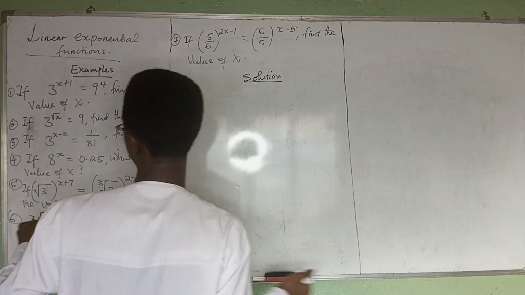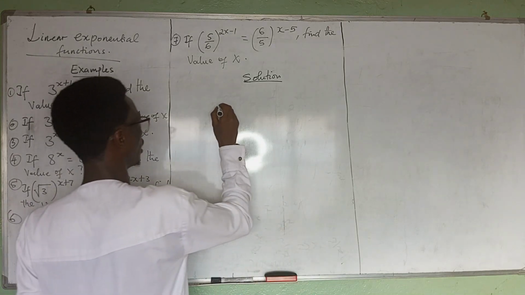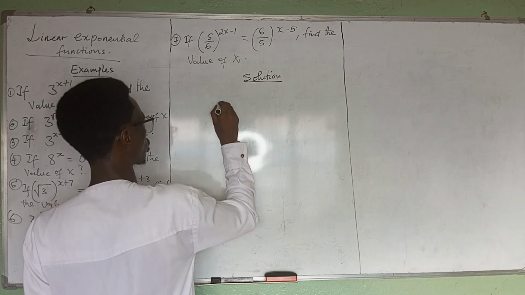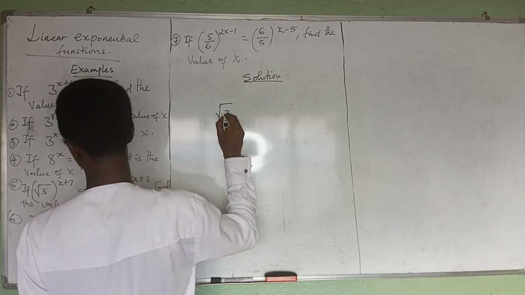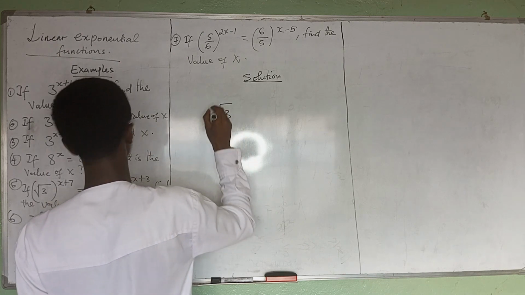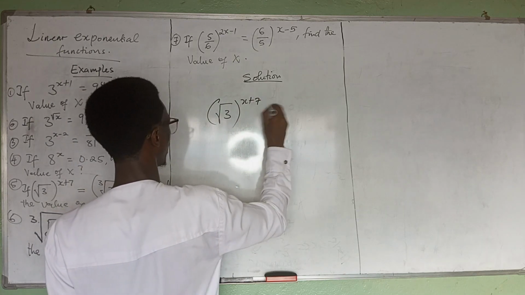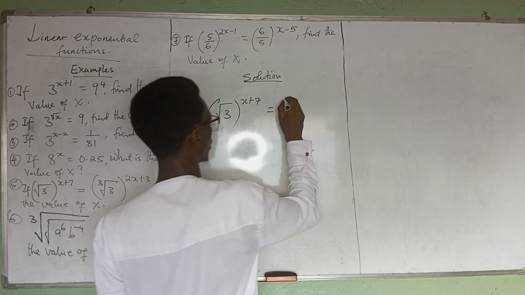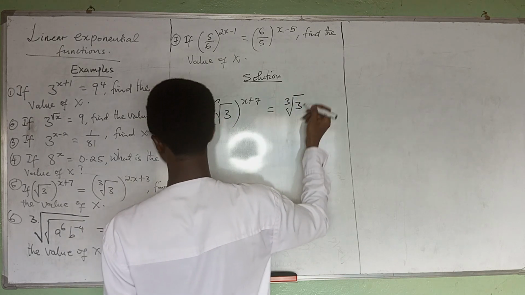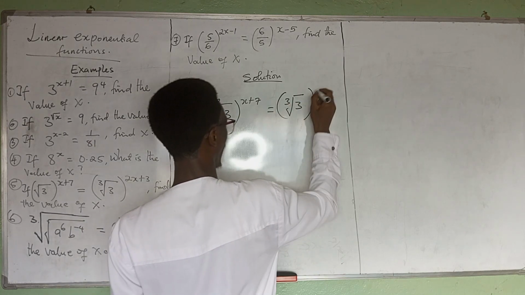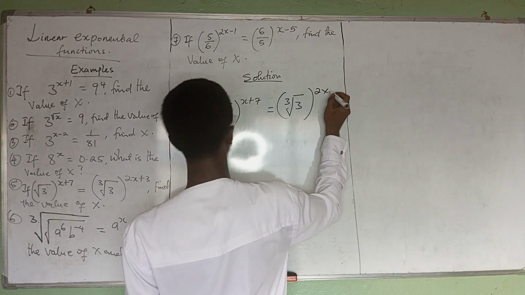So the next one says: cube root of 3, all raised to the power x plus 7, equals cube root of 3 again, all raised to the power 2x plus 3.